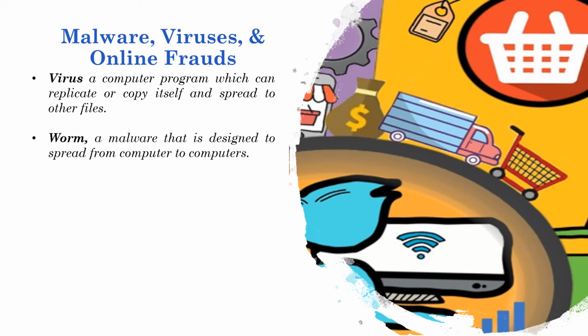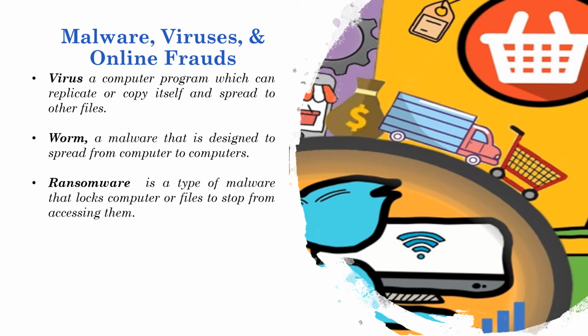While a worm is a malware that is designed to spread from computer to computer, ransomware or scareware is a type of malware that locks the computer files, which is often a worm, to stop users from accessing them.